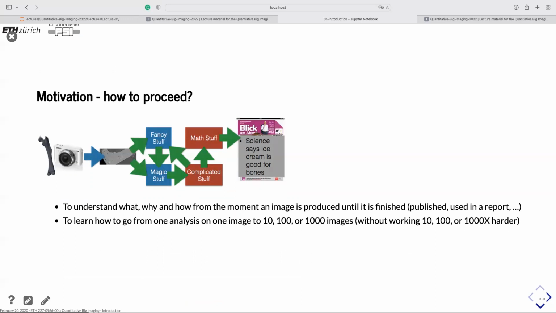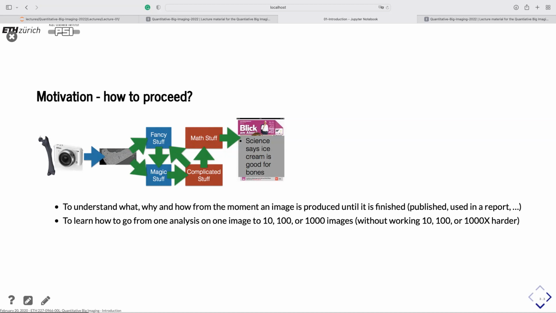But in the end, maybe you come to the point that, well, science says ice cream is good for bones, maybe. But we want to get away from this fancy magic stuff and really describe what we are doing. Because no referee in a journal would look favorably on us saying, you do fancy stuff.